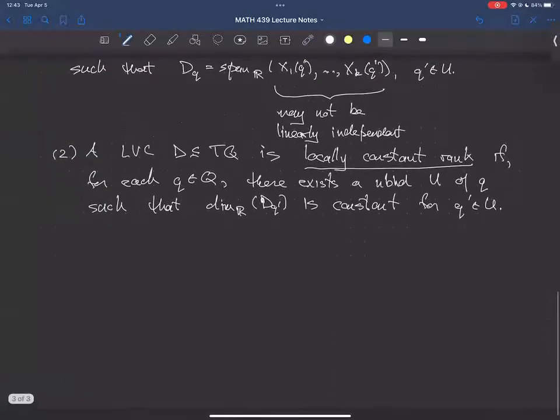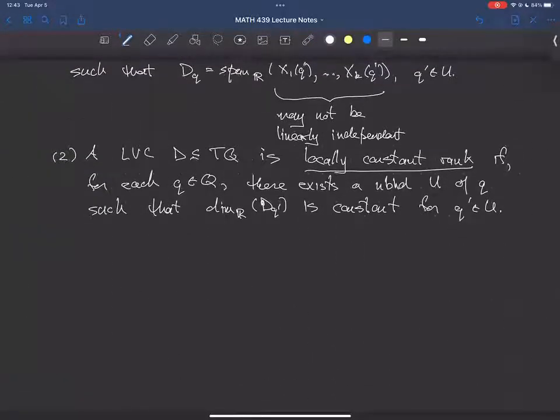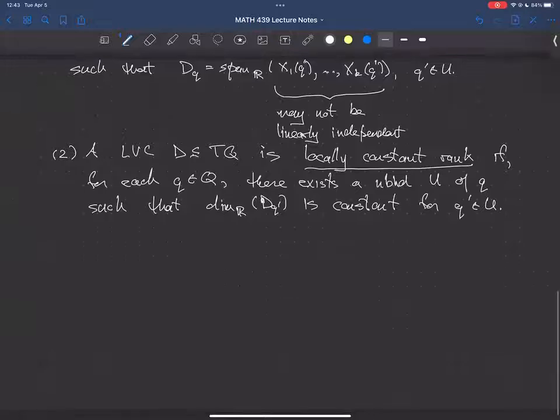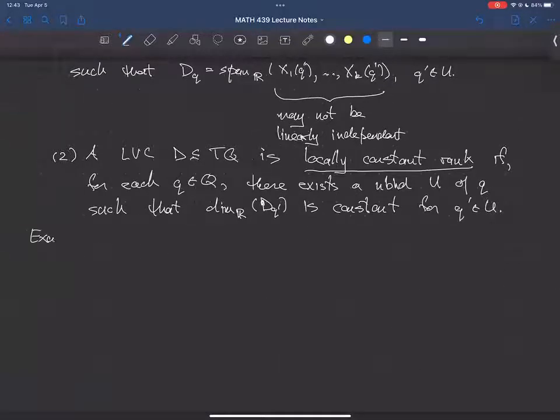velocity. All right, so let's then look at our examples. Okay, so the first one, I'm going to indicate how you work with these things. What we're going to do is write the linear velocity constraint as a linear equation.